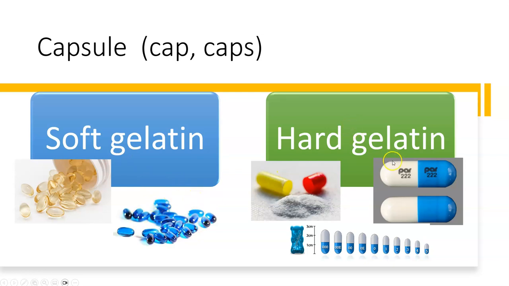The other is a hard gelatin capsule. So generally these are going to have two parts. You're going to have a head and you're going to have a body on the capsule, and it's going to contain the medication inside. It could be a liquid form. It's not going to be water-based because gelatin can dissolve in water, these hard shells, but it's often going to be a powder or some kind of pellet.